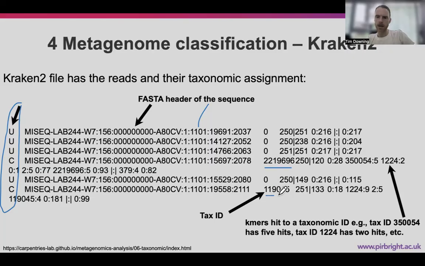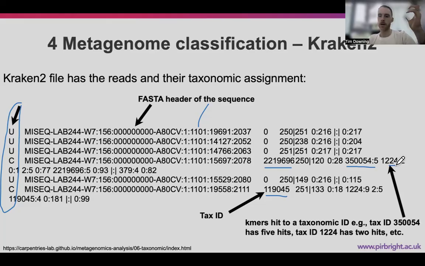It's not necessarily the most clear in this format, but that's the taxonomic ID that's in that column. And then you can see we have information on the matches to the different taxonomic IDs. So you can see there it has a taxonomic ID and the number of hits associated with that. So here we have 5 hits, and on the right we have another taxonomic ID and the number of hits.